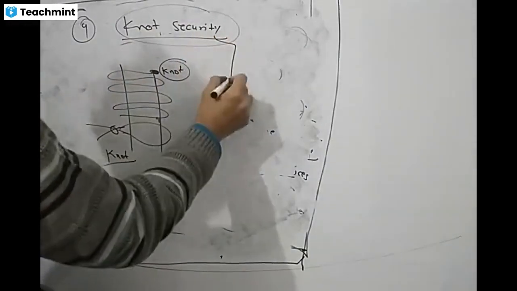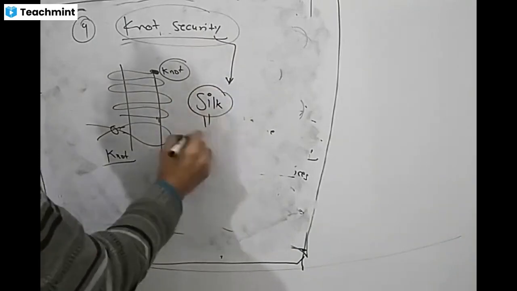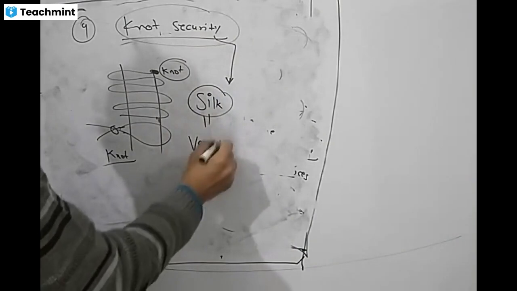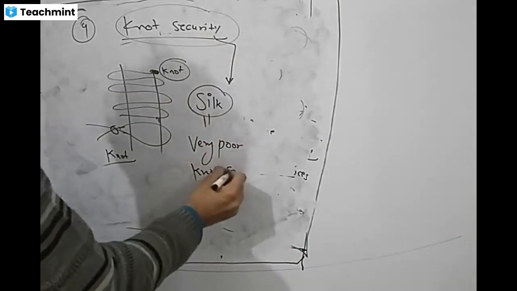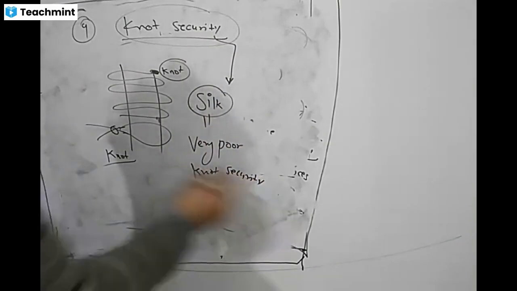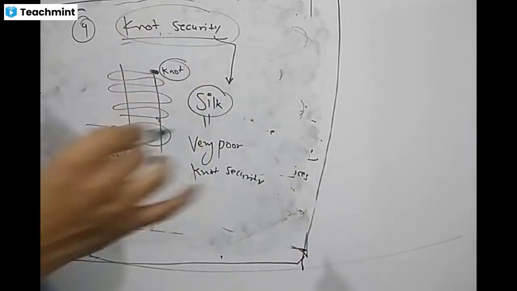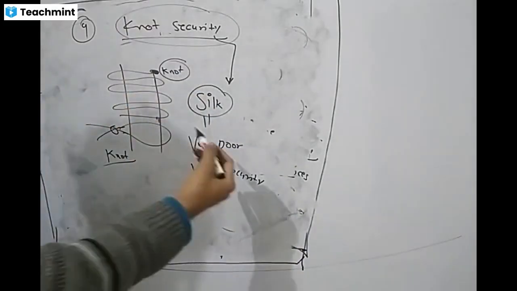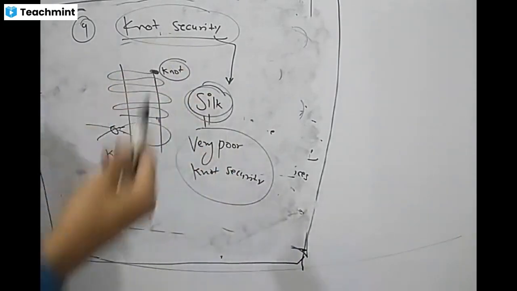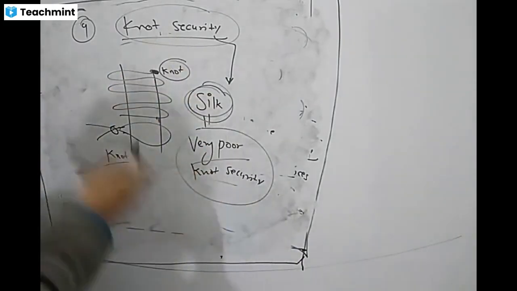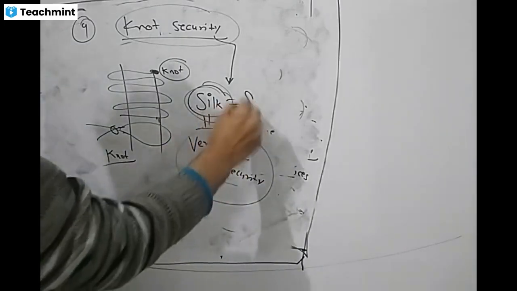If you want to learn one example, that is silk. Silk has very poor knot security. If you are doing knot practice in your laboratory practicals, and you apply a knot to the silk material, it will automatically open simply by a small force.